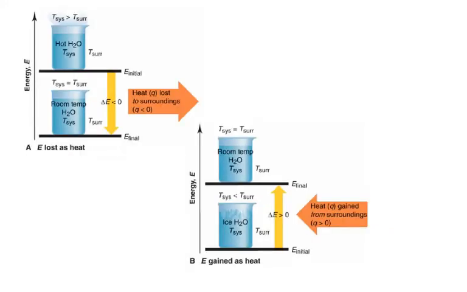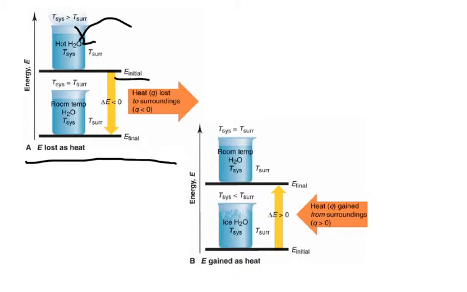Okay, so let's look at an example of an internal energy change only involving heat. And this is an example I think everyone should be able to conceptualize. So let's look at A here. A is an energy diagram. Again, on the y-axis, energy is increasing. So initially you have a cup of hot water. This cup of hot water has some initial temperature, which is greater than room temperature.